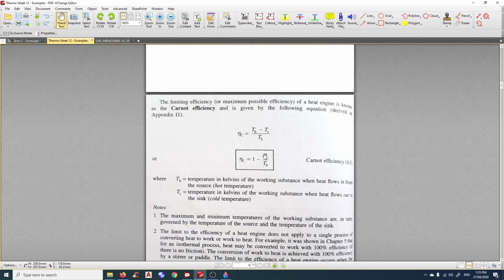So in the exam, if you are asked to find the Carnot efficiency or the maximum possible efficiency, you have to convert the temperature from Celsius to Kelvin. Anyway, as discussed last week, we have to convert all the temperatures to Kelvin and the pressure to absolute.